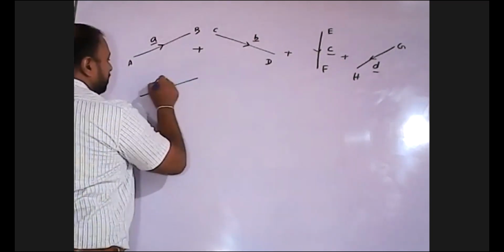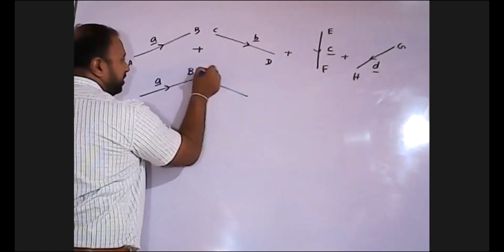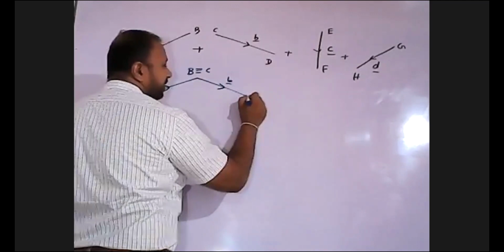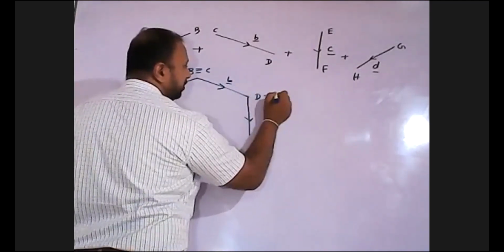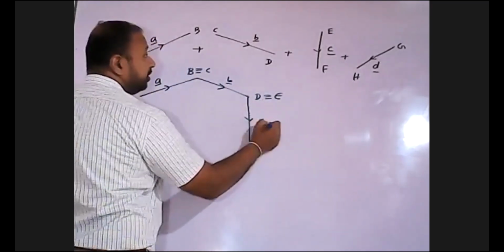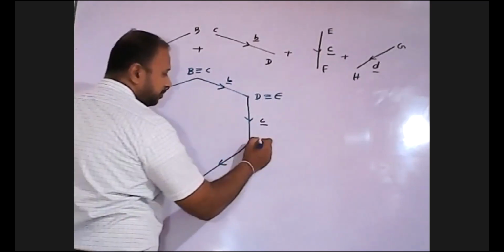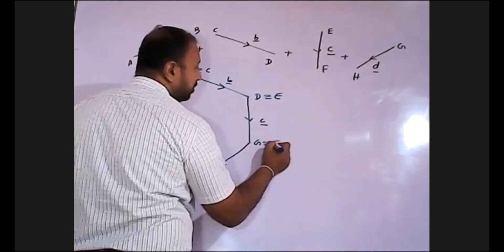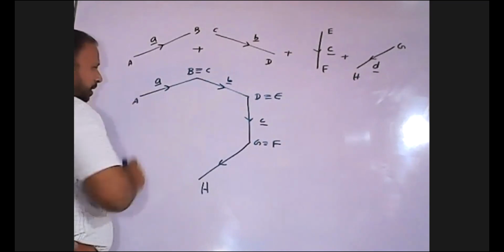Then, if you coincide B and C, then you will have this one. Then you have to coincide D and E. Then you have to coincide G and F. Then this is H.